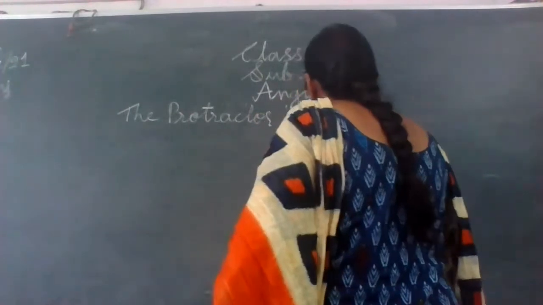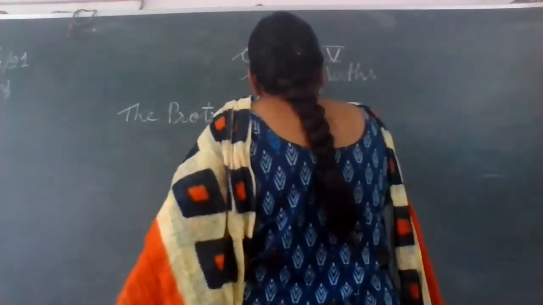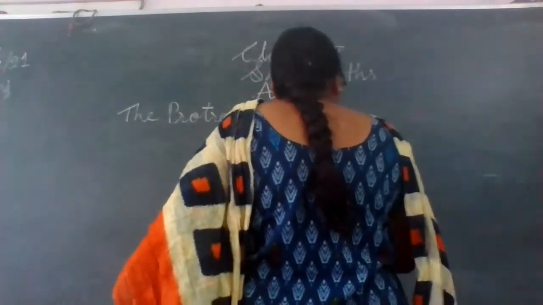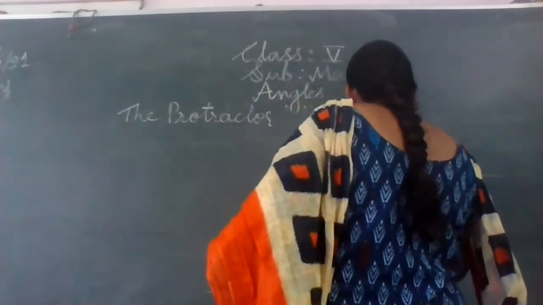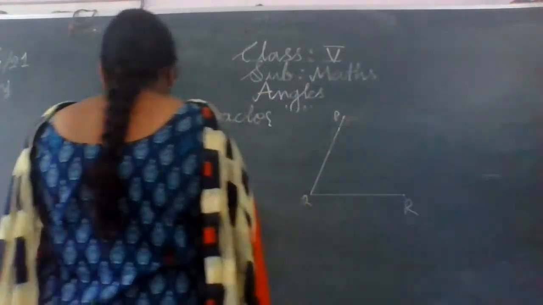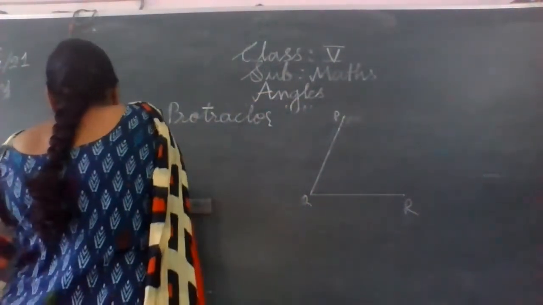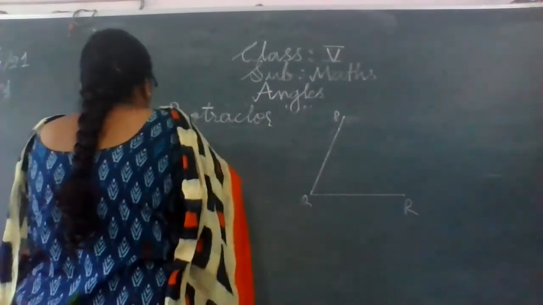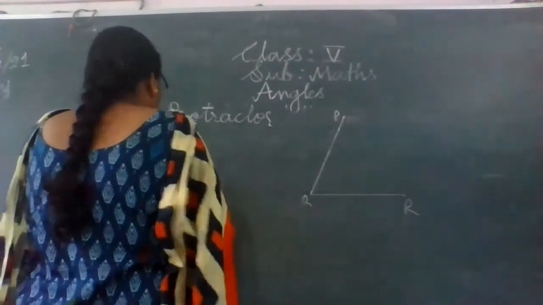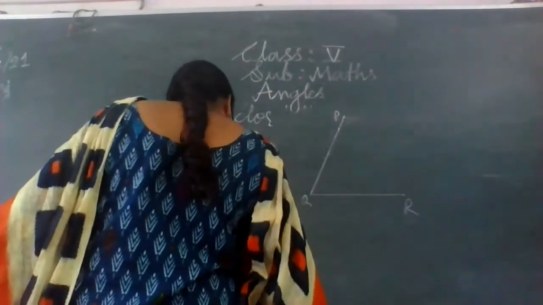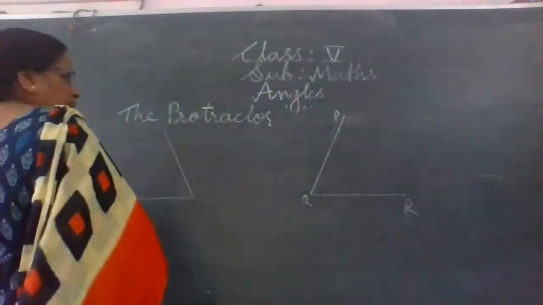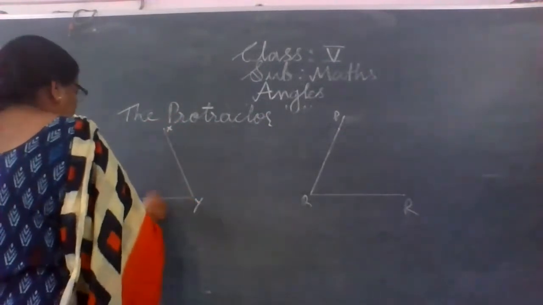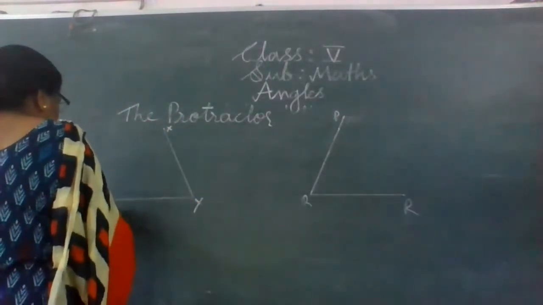Here are the points P, Q, and this point is R. Now see the other angle. It is X, Y, and it is Z.